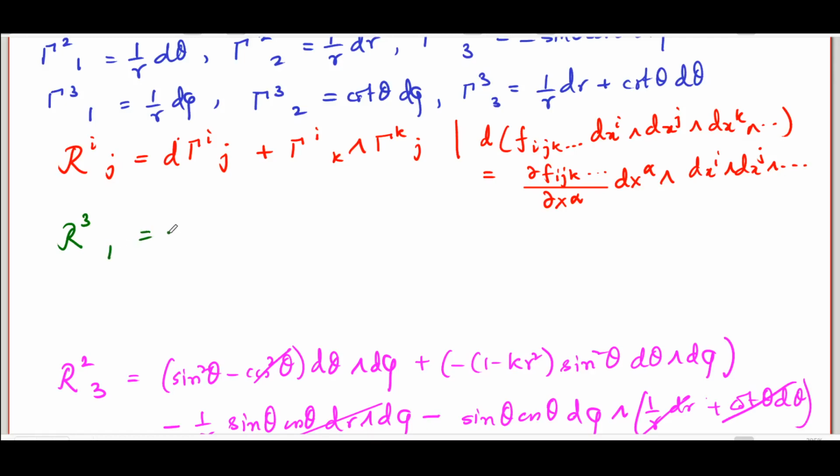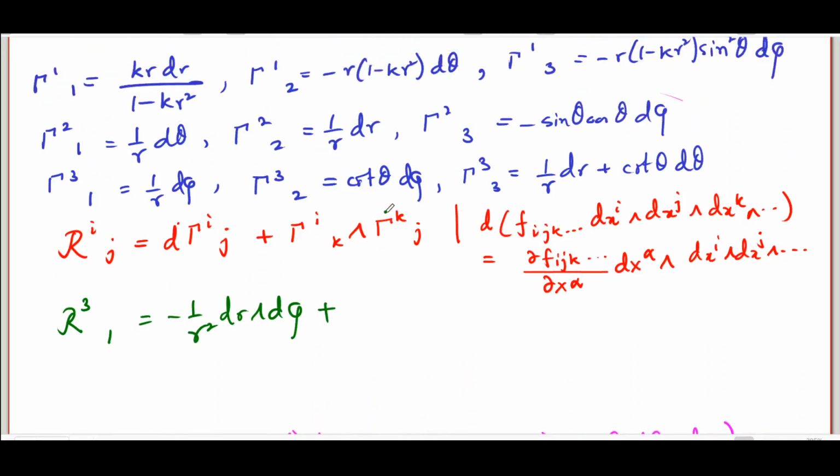d gamma 3 1, minus 1 by r square dr wedge d phi, plus gamma 3 1 wedge gamma 1 1, product of these two terms, wedge product of course, k by 1 minus k r square d phi wedge dr. Remember it's gamma 3 1 wedge gamma 1 1.